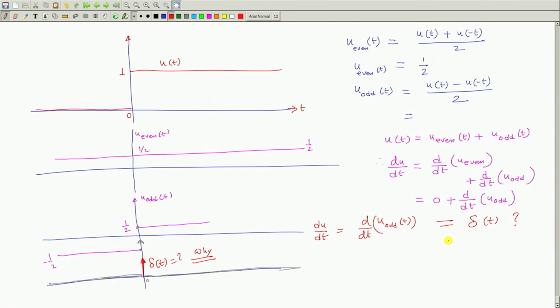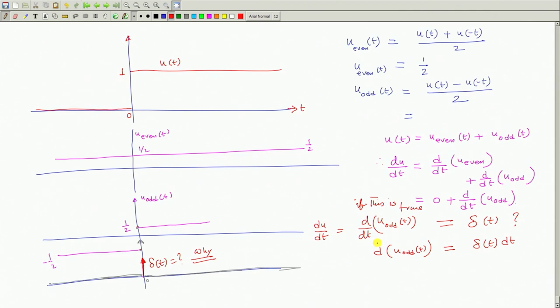If this is true, then you multiply both sides by dt, delta t dt.